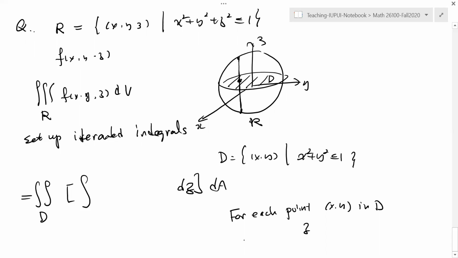So for the z variable, there's an upper bound and a lower bound for each fixed x and y. The upper bound is the square root of 1 minus x squared minus y squared. The lower bound is negative the square root of 1 minus x squared minus y squared. So D is fixed; it's a unit disk.